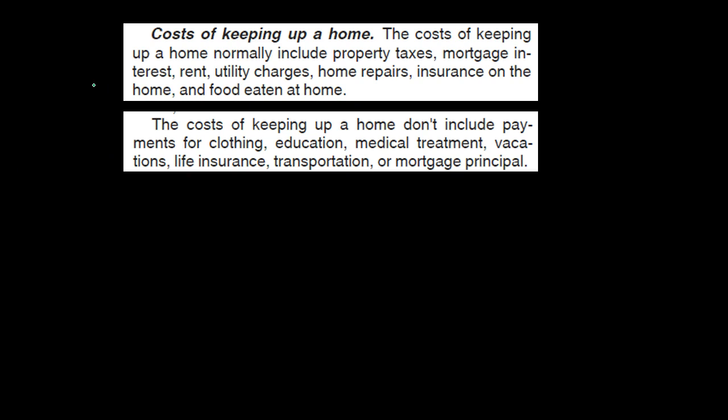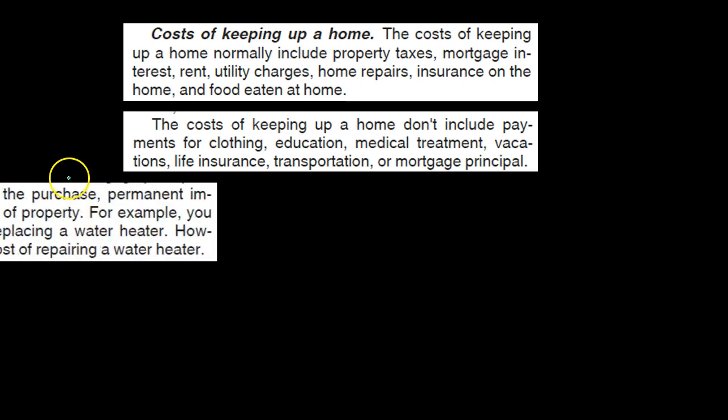So if we're thinking about the costs of home, and if we have room and board, if someone lives in the home as part of the payment for them, then property taxes are included. Notice it's the mortgage interest, not paying the loan typically, but the interest portion. If you're renting, then the rent on the place. Utility charges, which would be the gas, electric, and whatnot, repairs, and insurance on the home.